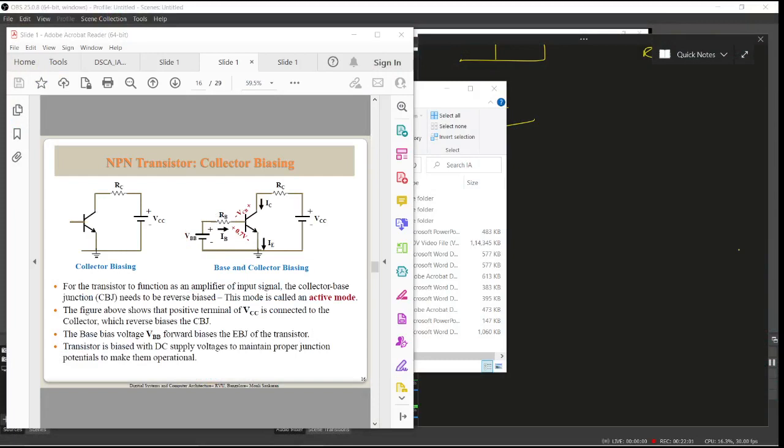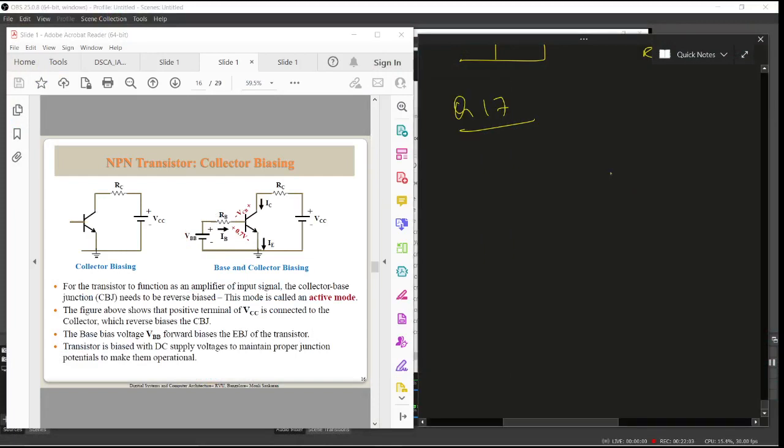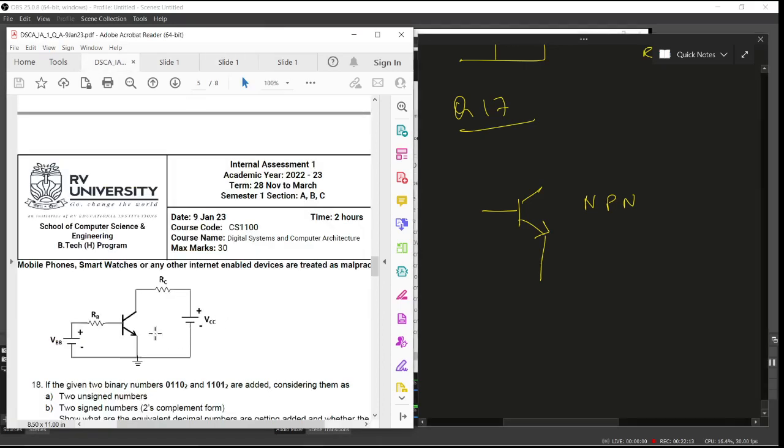So just to recap on what has been covered in the transistor circuit, this is the flow of current which is shown. This is an NPN transistor. What is given in the question paper is an NPN transistor, and the bias is also shown. So based on the power supply, you can easily find out the direction of IB, and this is the IC, and this is IE. This is what you are supposed to mention as current flowing through them.